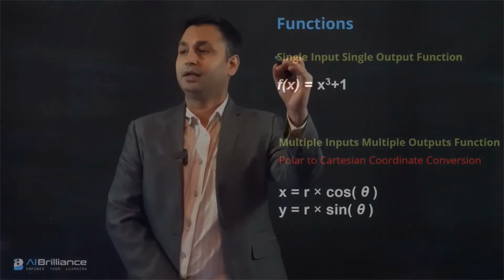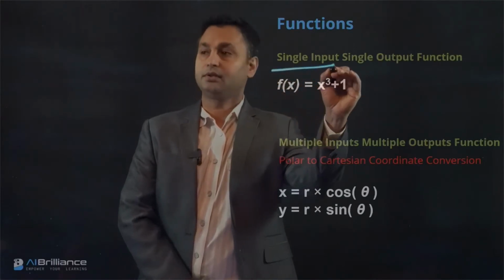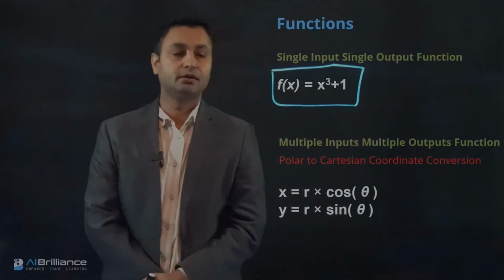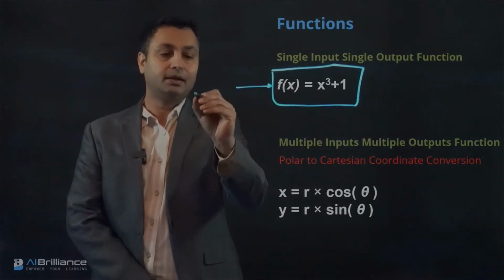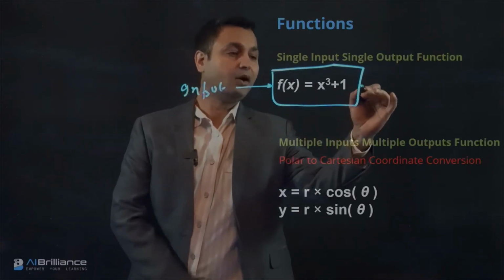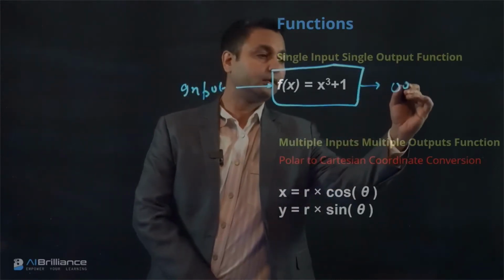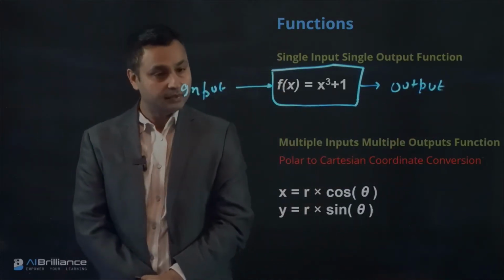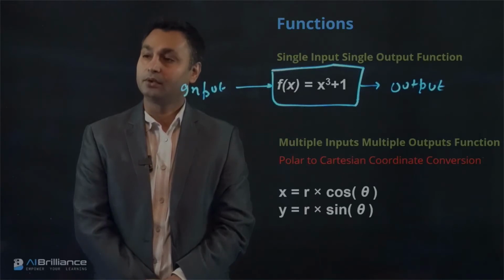A function essentially acts as a processing unit where we supply an input and get an output. So a function is something that takes in the input and spits out output.